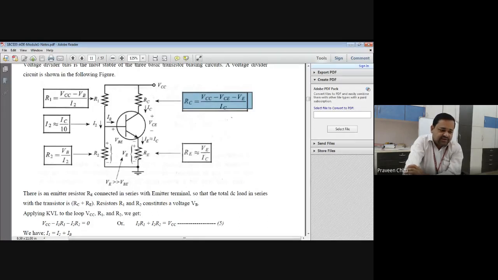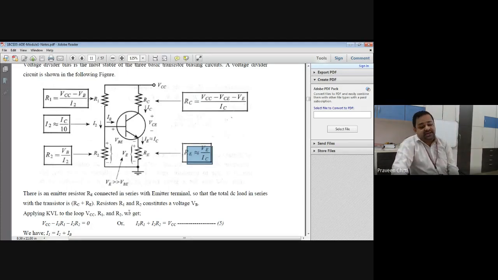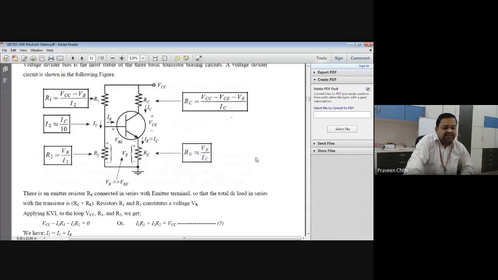VE can be written as IE into RE, but IE is equal to IC, so RE can be approximately written as VE by IC. So using this equation, this particular circuit can be designed and we can provide biasing to the transistor, and this biasing method is called the voltage divider bias circuit.